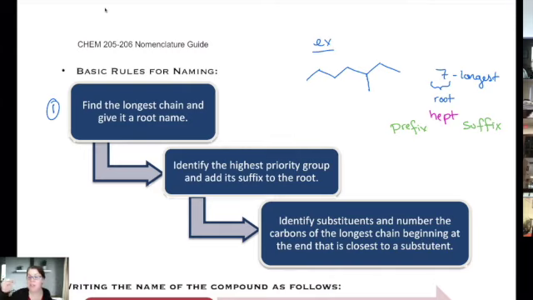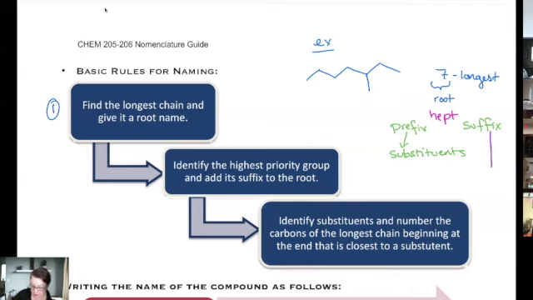They're things that are attached to the chain. So prefix is going to tell us about substituents. The suffix is going to tell us about the highest priority functional group.